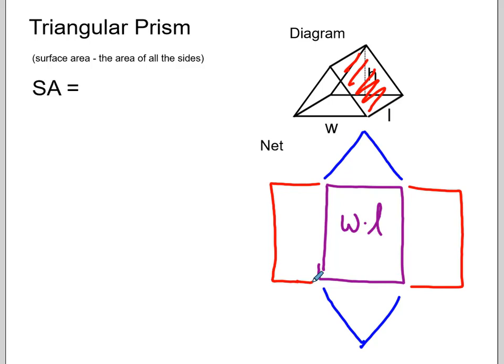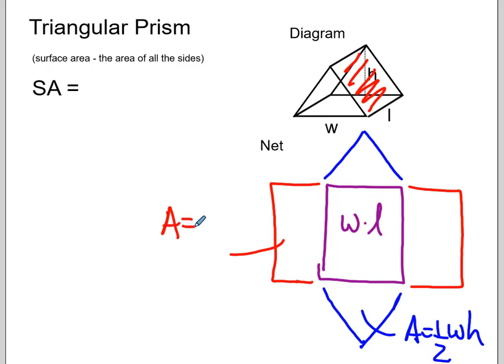So the area of these end pieces here would have an area of 1/2 times the width times the height. And now this one on the side here, this is the tricky one that gets most people. Okay, so this has an area.